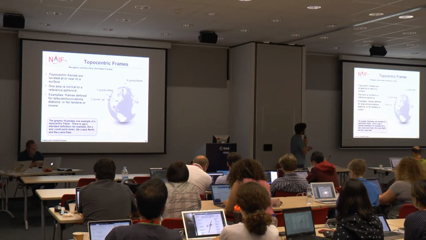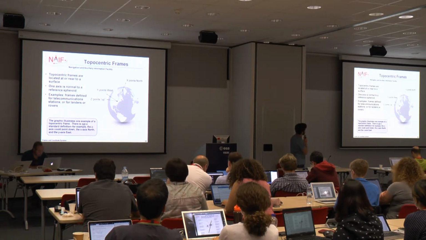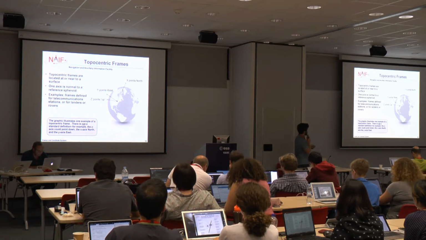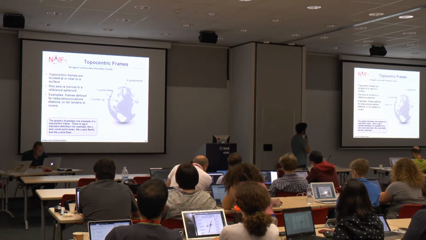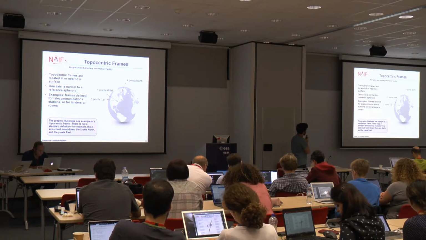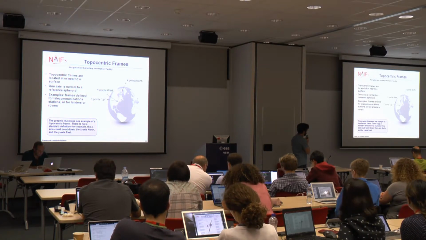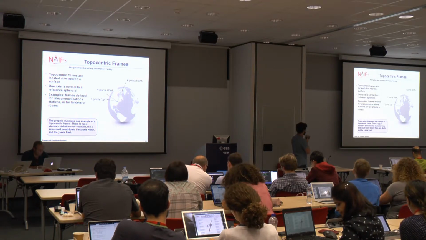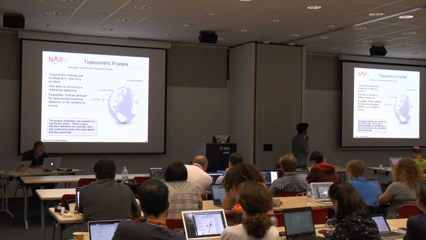Okay, topocentric frames. So topocentric frames are located at or in the surface. Typically one axis is normal to the reference ellipsoid, and that again is used for ground stations, landers, rovers, and so on.